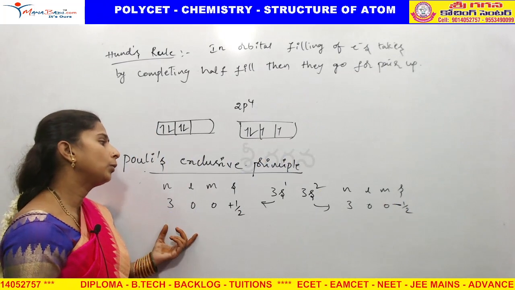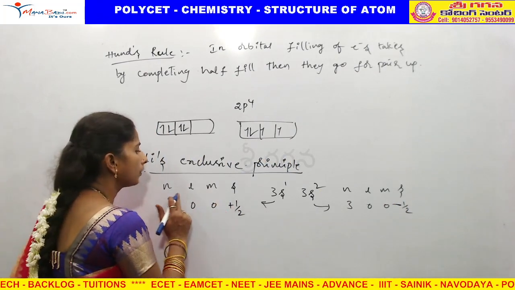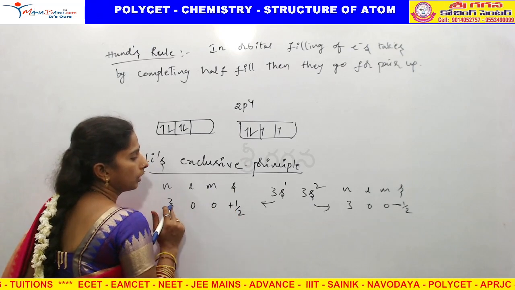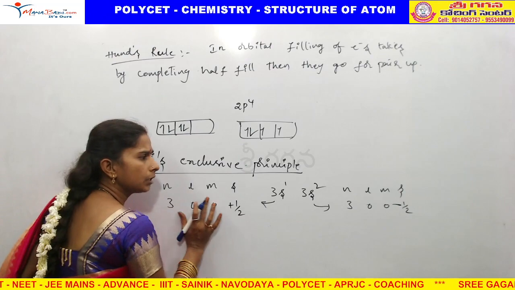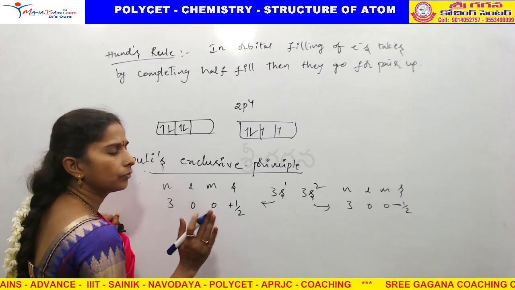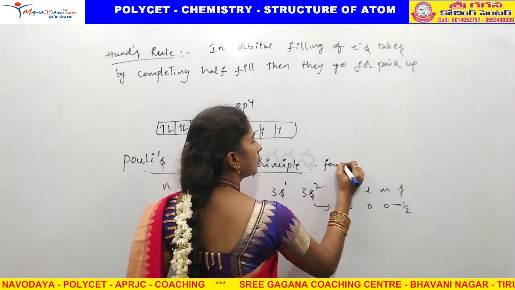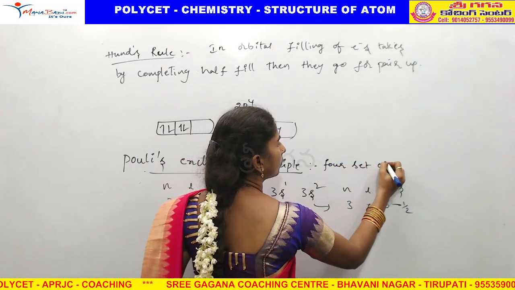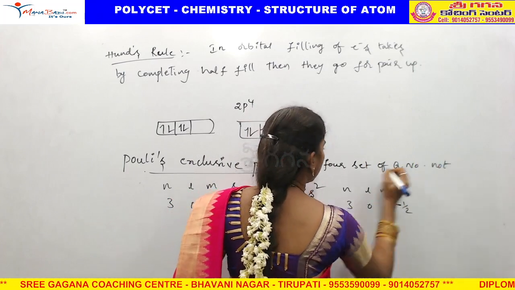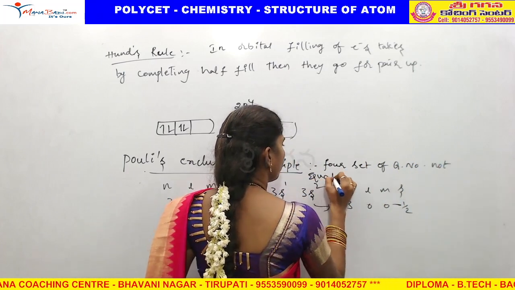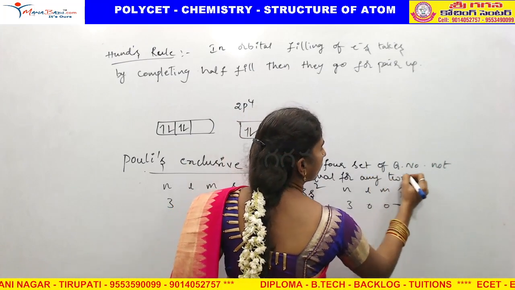So for any 2 electrons, at least one of these 4 quantum numbers is different. The set of 4 quantum numbers is not equal for any 2 electrons.